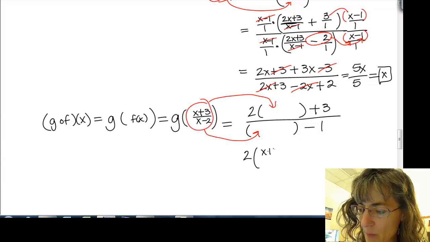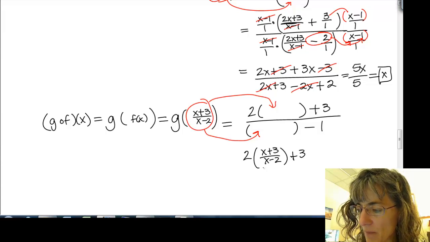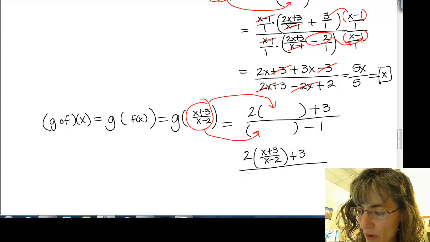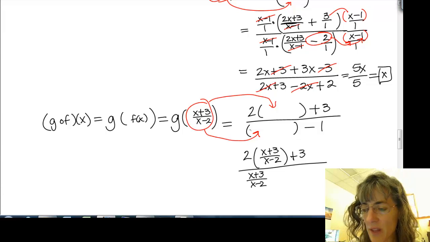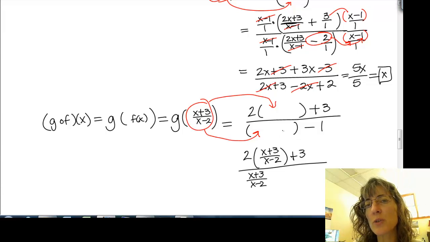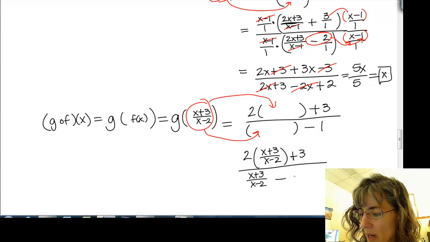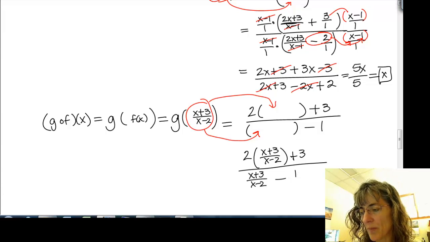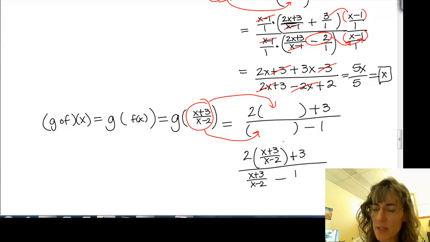So what I have now is 2 times the quantity x plus 3 over x minus 2, plus 3, denominator x plus 3 over x minus 2, and I have nothing out front, no negatives to distribute or any numbers, so I don't need the parentheses on the denominator, and then it's just a minus 1.